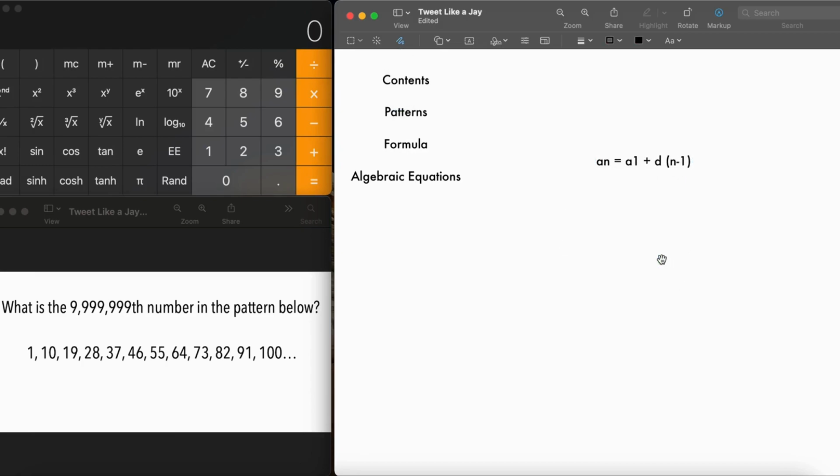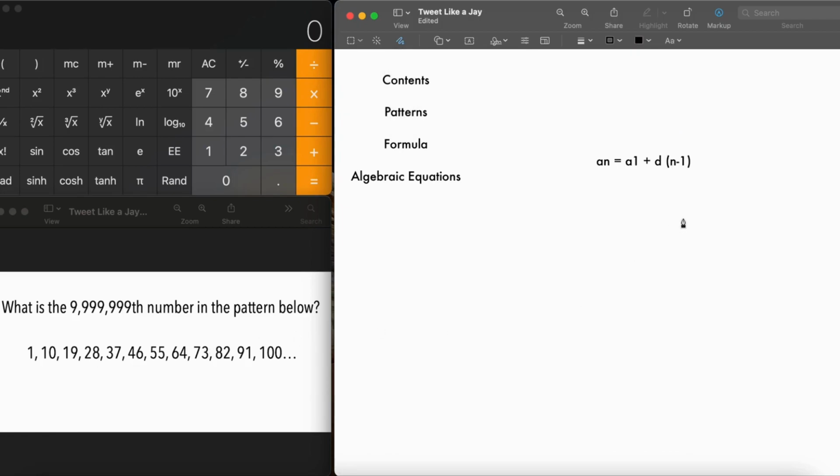So what are A, N, and D? Well, D is basically the number that is added to each number, so it's 9, because for our pattern it's 1, 10, and 19.